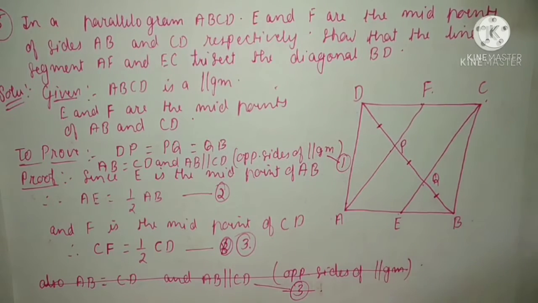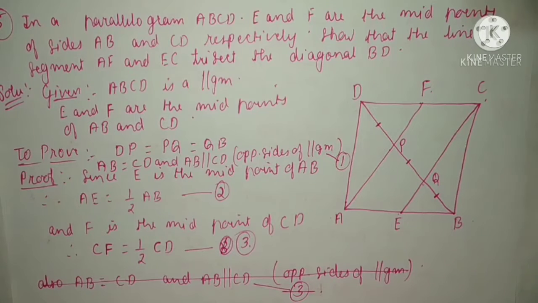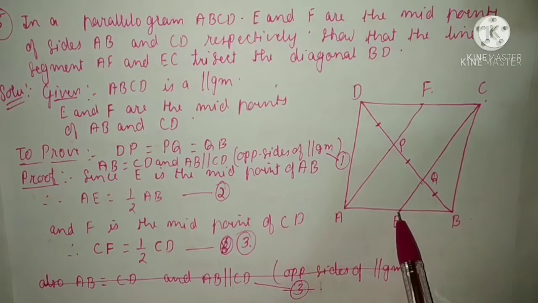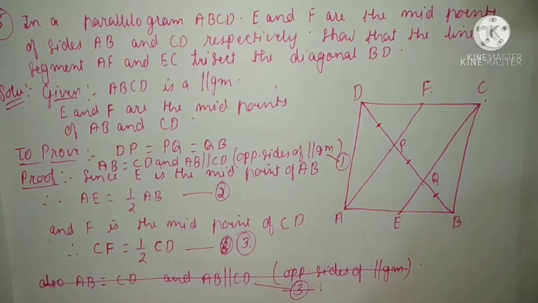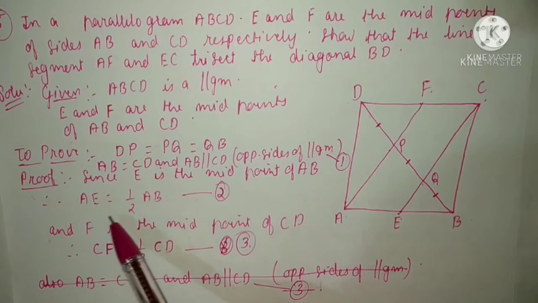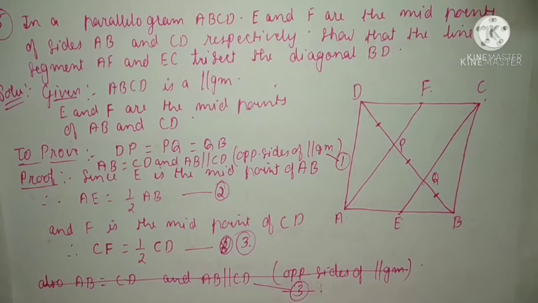Name this as equation number 1. Okay, now it is also given that E is the midpoint of AB. Since E is the midpoint of AB, AE will be equal to half of AB. So AE is equal to half of AB. Name this as equation number 2.